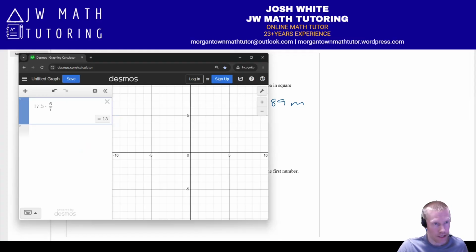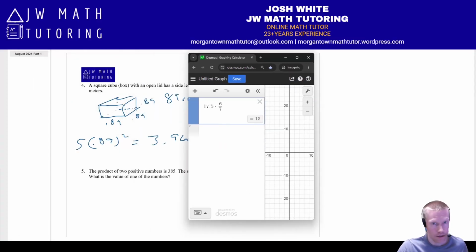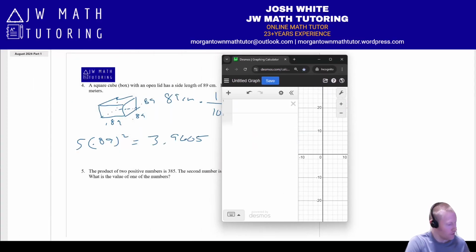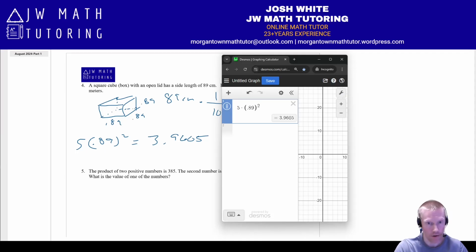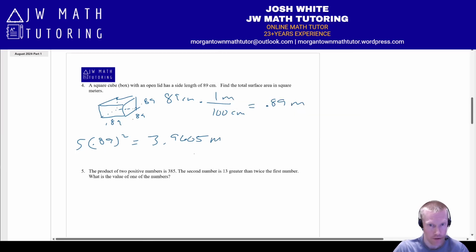Again, just double check that. Yep, 3.9605. So that's the total surface area for this situation in square meters.